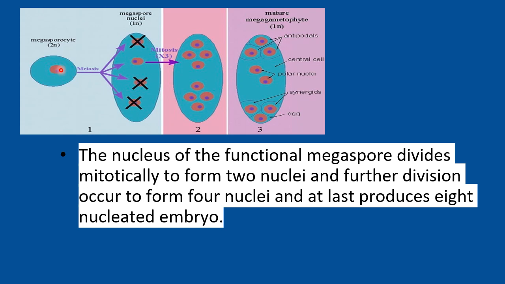According to the diagram, the megasporocyte, which is a 2n diploid structure, undergoes meiosis to form one functional megaspore nucleus, which further goes through 3 successive mitotic divisions, leading to the 8-nucleate stage. In the last diagram you will find the 8 nuclei: 3 antipodal, 1 central, 2 polar, synergids and egg. So the total is an 8-nucleate structure, and this 8-nucleate structure is known as the embryo sac.